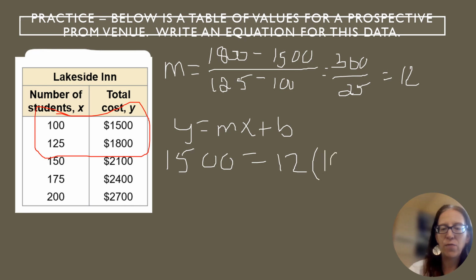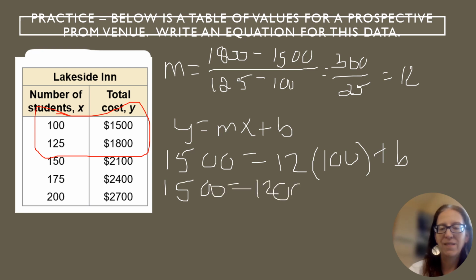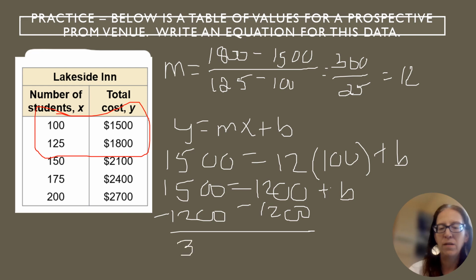The x value for that point is 100, and what I'm looking for is b. 12 times 100 is 1200. Don't overthink it. Then we subtract 1200 from both sides, and we get b is equal to 300. And so my equation that models this is y equals 12x plus 300.